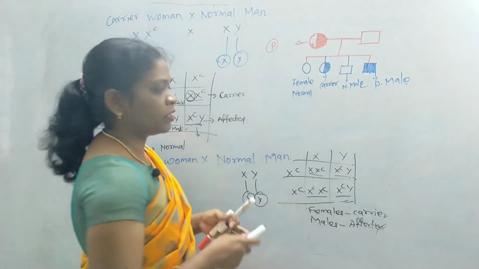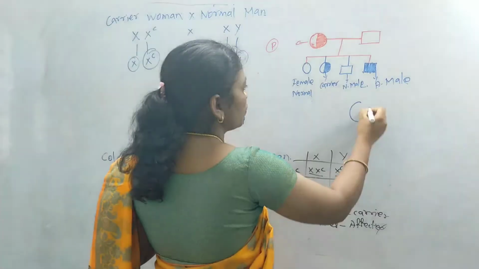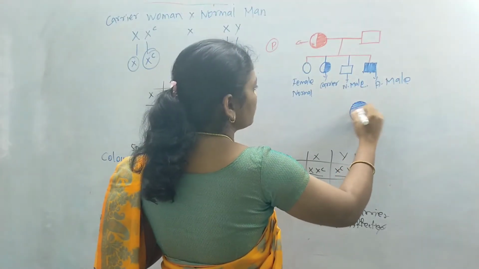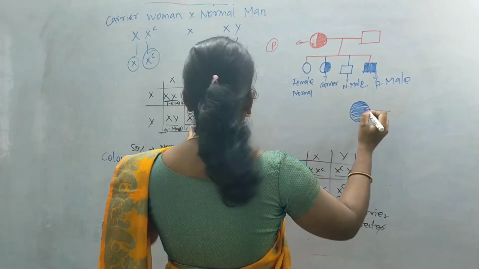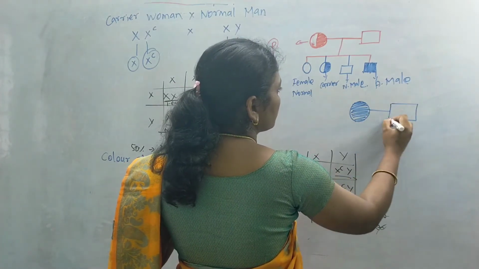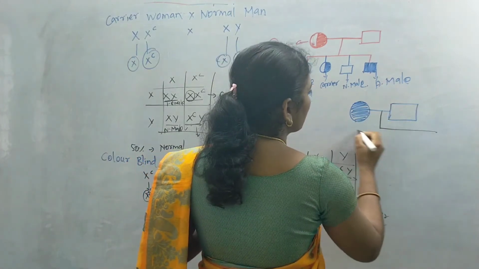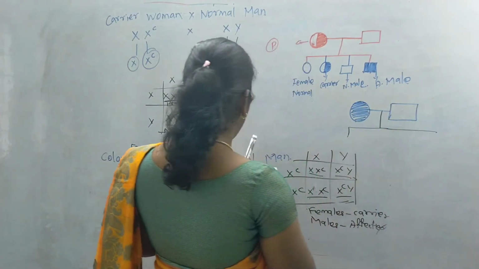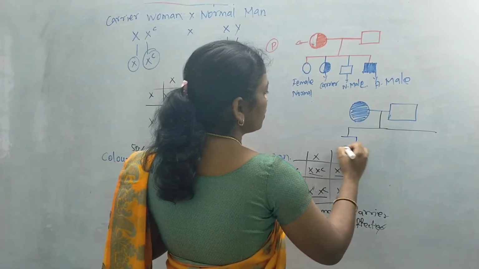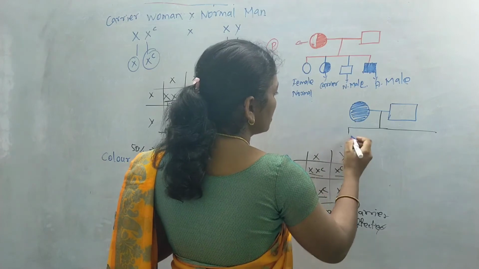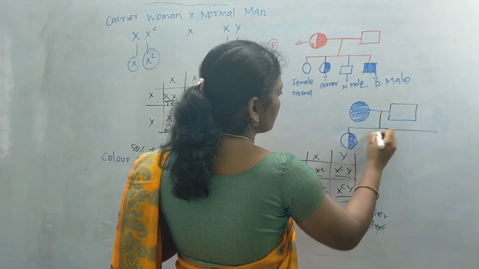We'll draw the pedigree chart for this particular cross. Again, a colorblind woman, so it should be completely shaded. A colorblind woman marries a normal male, and the resultant offspring are, these two females, so we are going to draw a circle, half shaded.